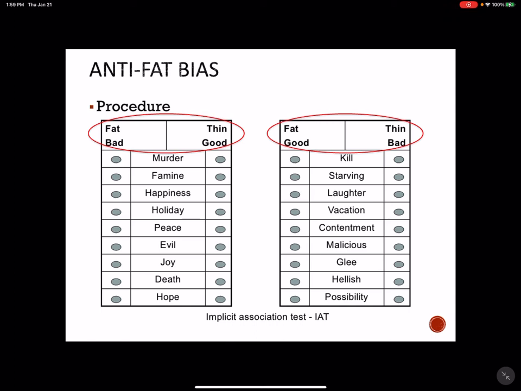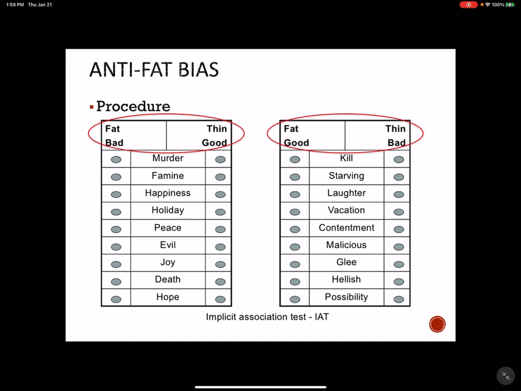And the difference between the tests or questionnaires was how the words were paired in the header up here. So in one of them, fat was paired with bad and thin was paired with good. In another one, it was the opposite. Fat was paired with good and thin was paired with bad.